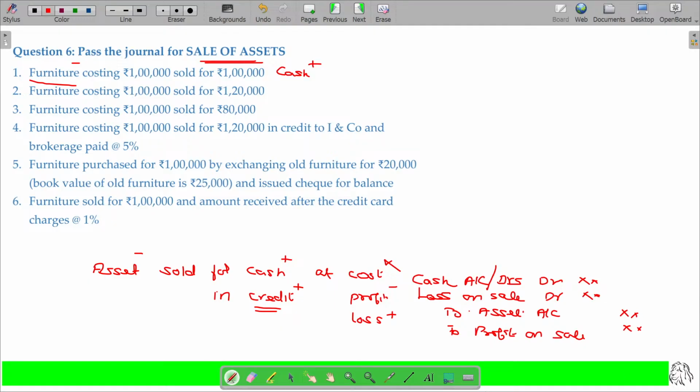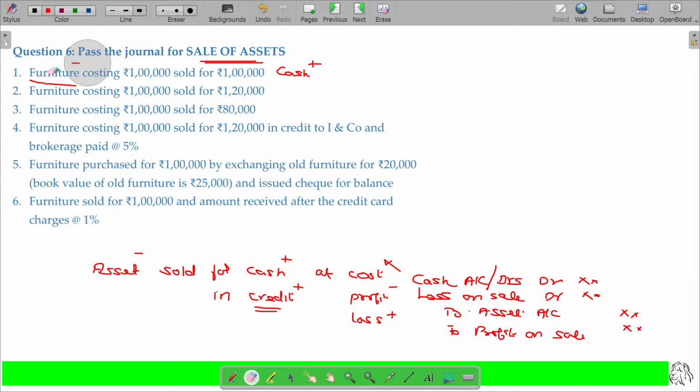This is the basic journal entry. And then you need to understand what the value of the asset at the time of sale is, also to be calculated. If there is any brokerage, or I give my asset for purchasing a new asset, that is exchange, and sometimes barter, all the situations may arise. You need to understand how to pass the entries in that case also.